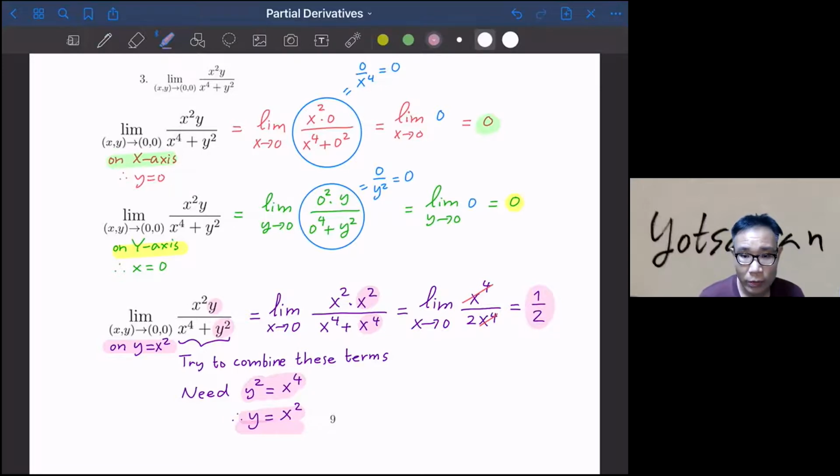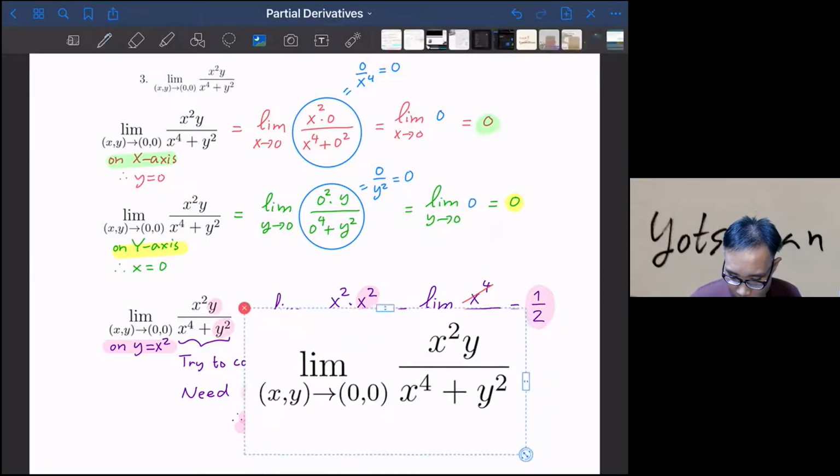And you're able to reach the conclusion that the limit as (x, y) goes to (0, 0) of x squared y over x to the fourth plus y squared does not exist.